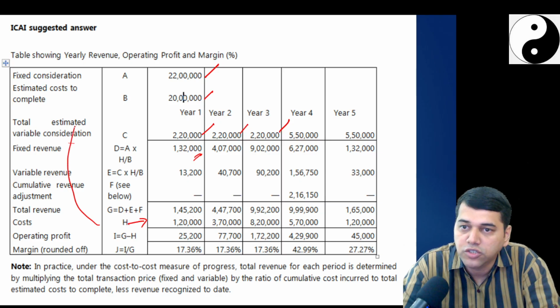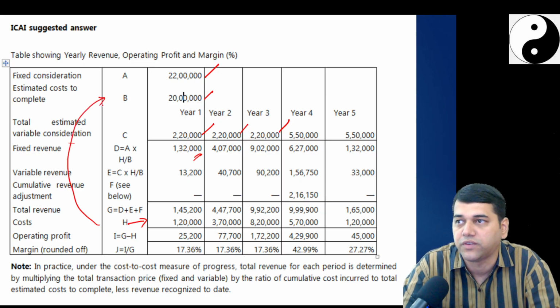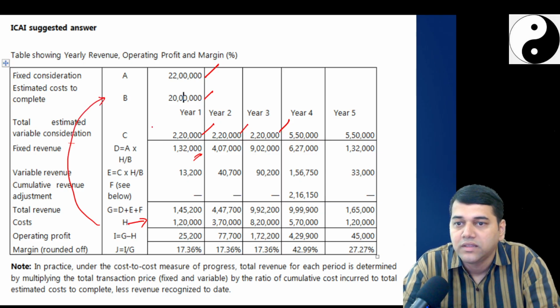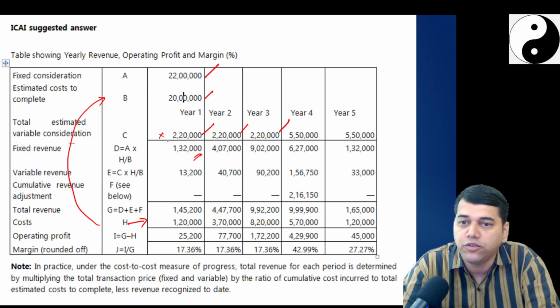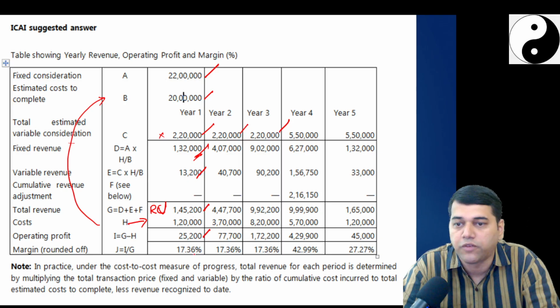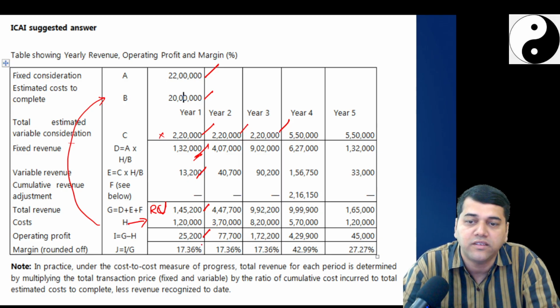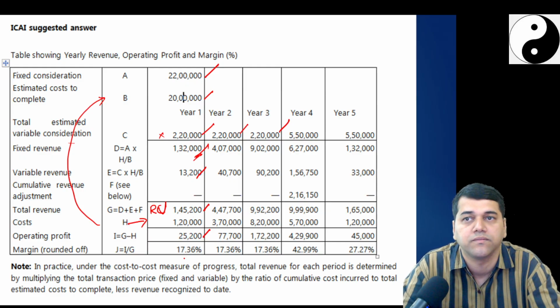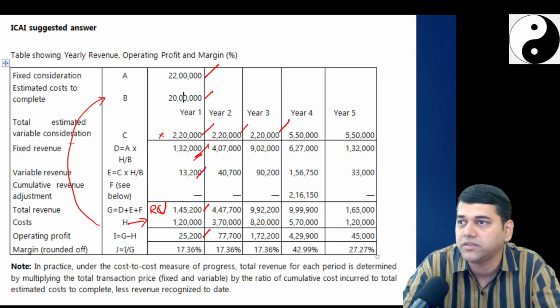Actual cost to total cost gives you the percentage of completion. That into fixed consideration, that into variable consideration. You got the fixed consideration, variable consideration. You got the total sales revenue recognition, revenue minus cost, you get the profit, and profit divided by sales gives the percentage of margin. Did you get 17.36%?